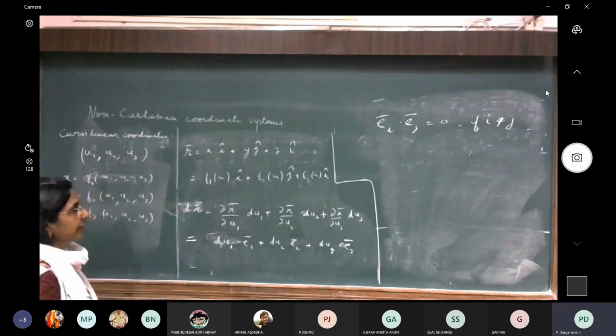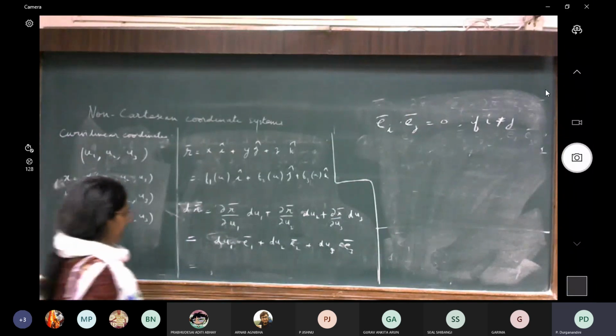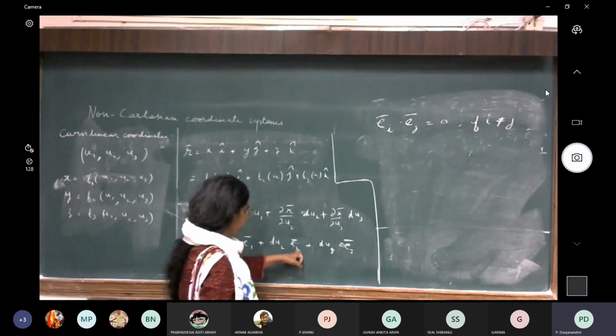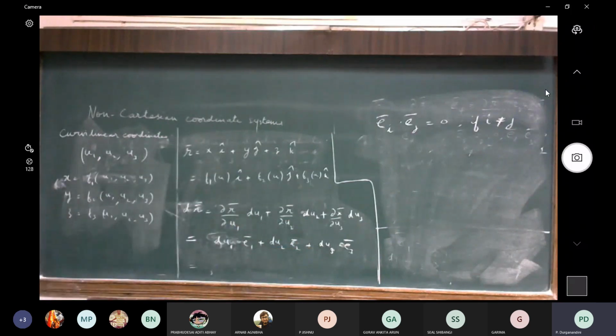But I can't say anything more about whether the value is 1 or not, because, as we have already seen, for example, if this was E phi, then E phi dot E phi was rho square. Okay.